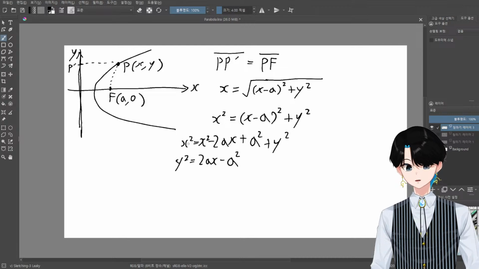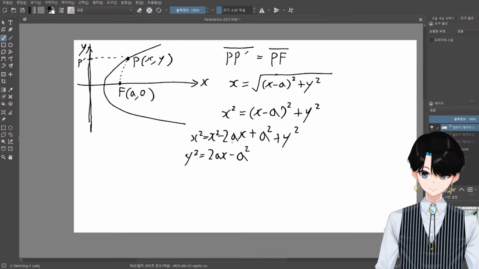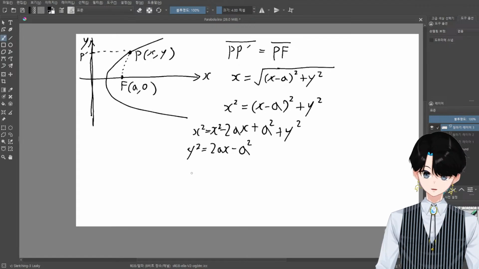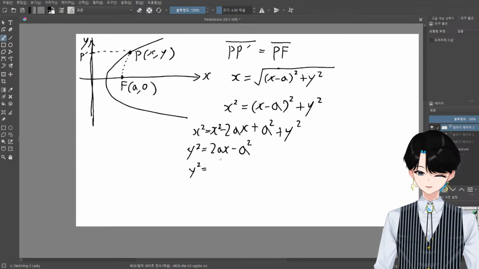Yeah, okay. y squared equals 2ax minus a squared. This.